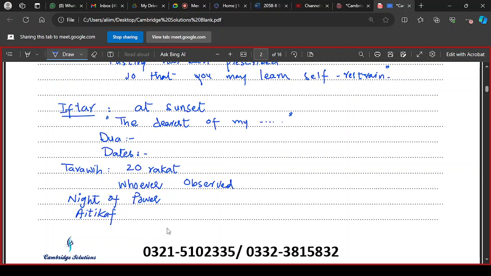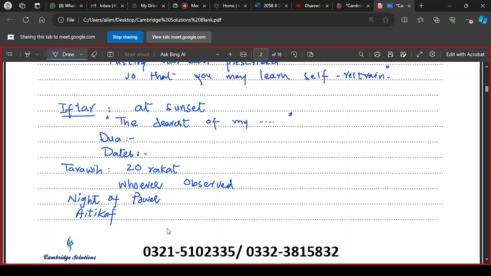I will explain it. What we can mention over here is that itikaf is to be done. It is the sunnah of the Holy Prophet, peace be upon him. The reward for itikaf is equal to one Hajj and Umrah.